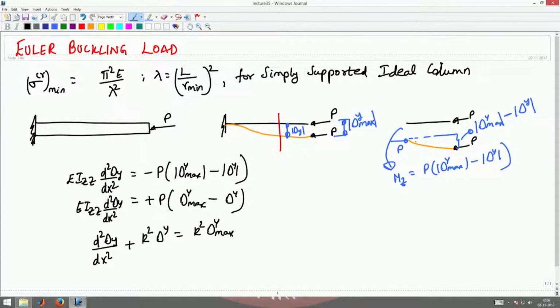So for this, the solution is delta y given by C1 cos kx plus C2 sin kx plus delta y max.